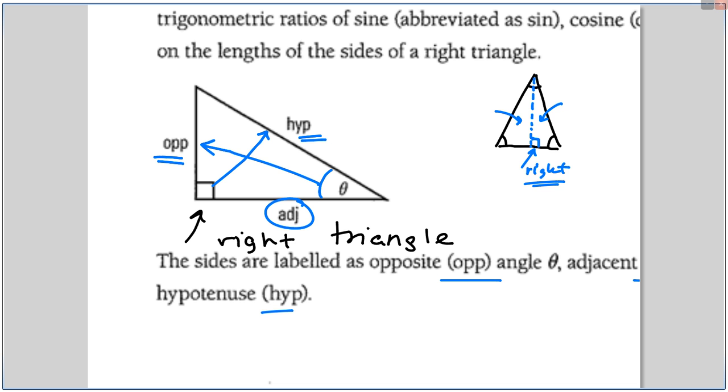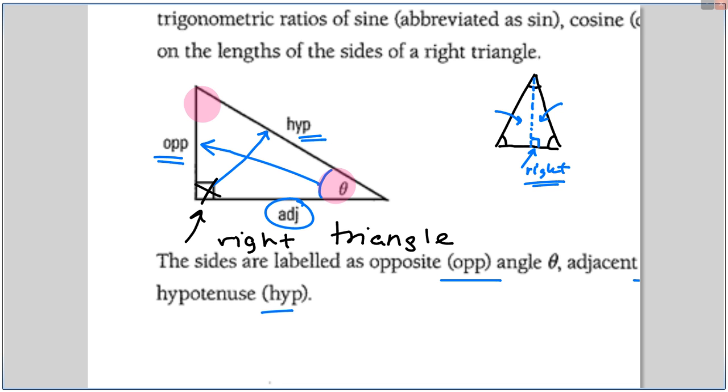You always have two choices for the angle, okay? See how we use this angle down in the corner? What other angle could you use? The angle in the other corner. Okay, you never use the right angle. You only have the two acute angles that you can try.